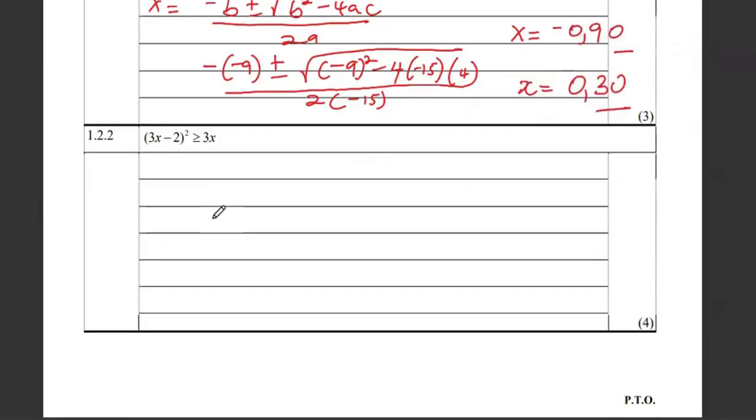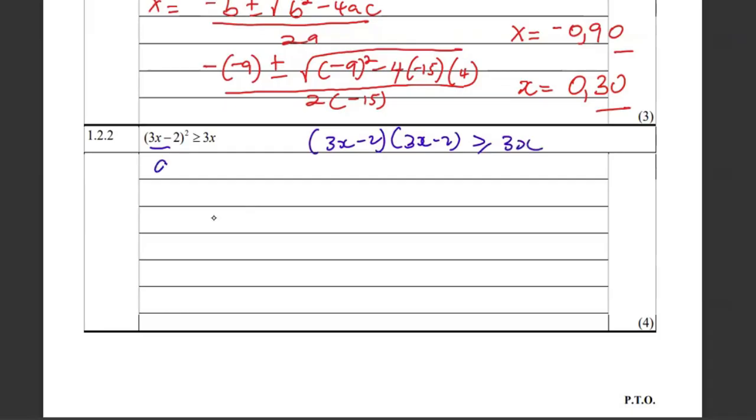1.2.2, we have the quadratic inequality. Step number 1, we need to open up this bracket and create a standard equation. Remember, this square bracket is like 3x minus 2 multiplied by 3x minus 2, is greater or equal to 3x.